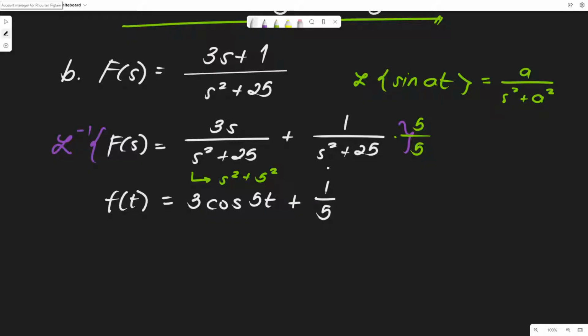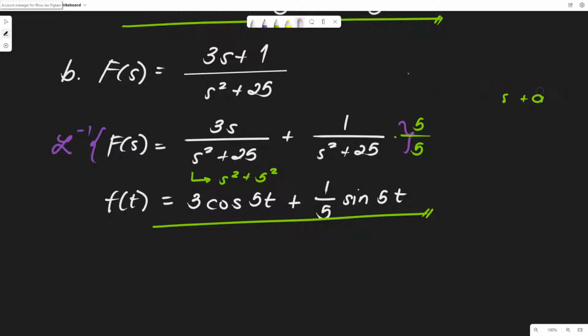So we have 1 over 5 sin 5t. Ayan. So this is the inverse Laplace transform of this function. Basically, that's how you do the inverse Laplace transform with property.